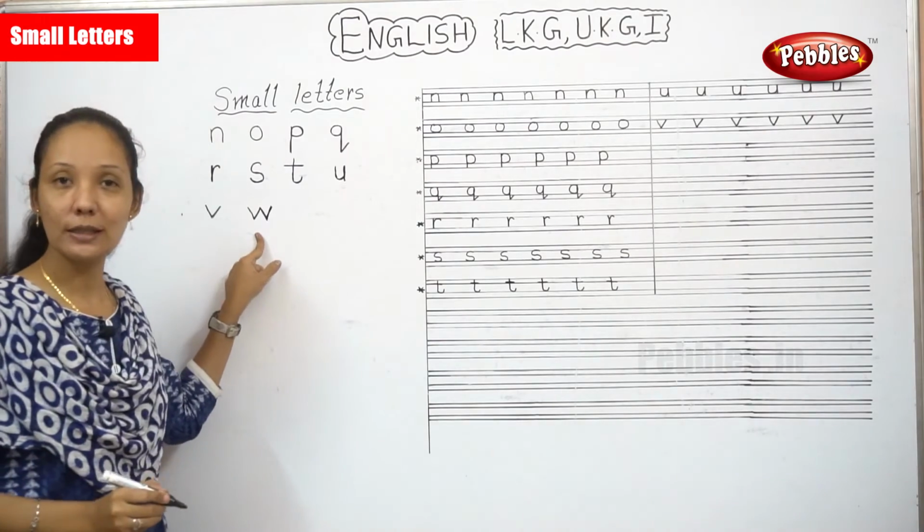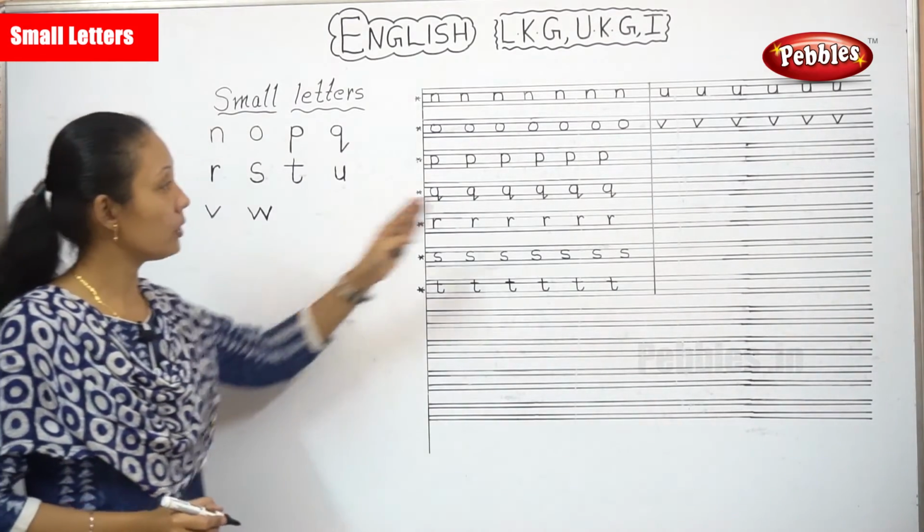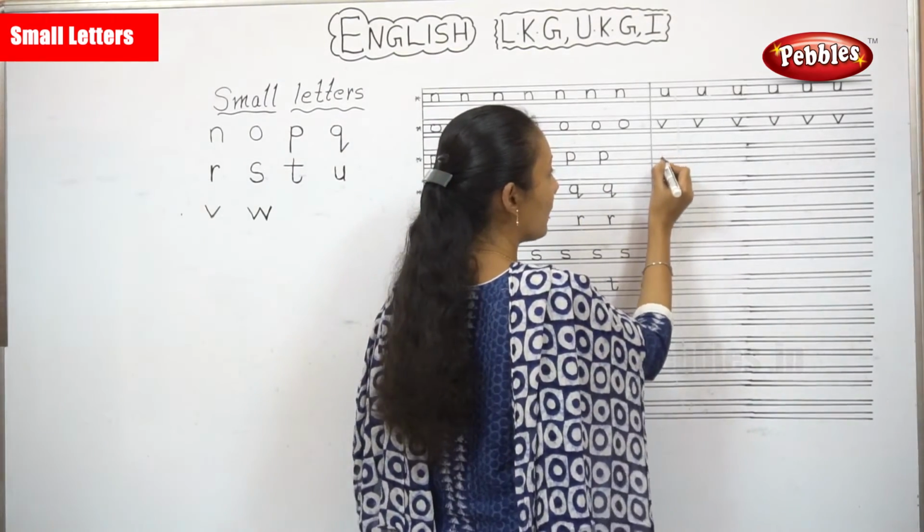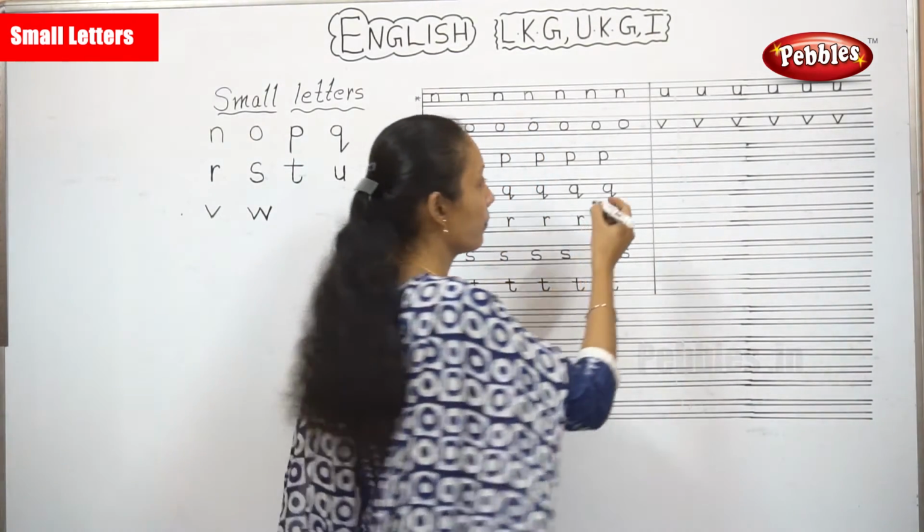It's small W. Now how do we write W in your 4 lines? You will start from the second and the third line only.